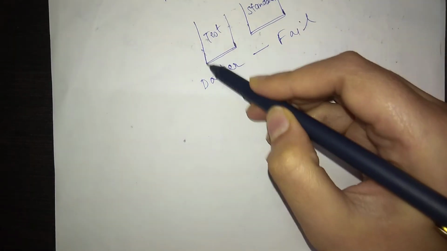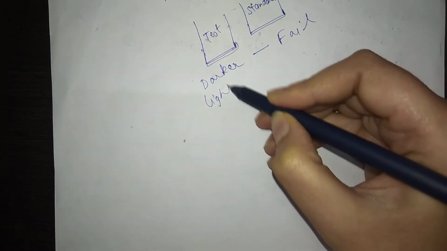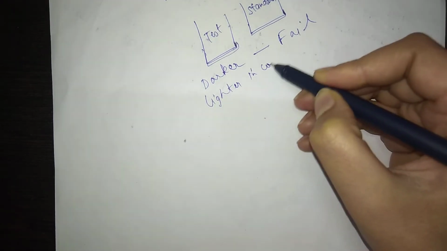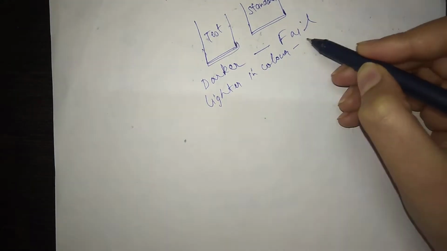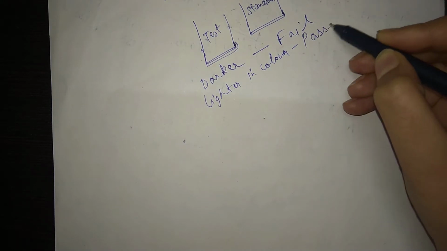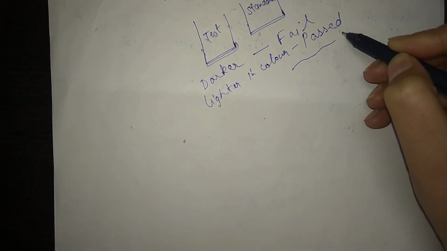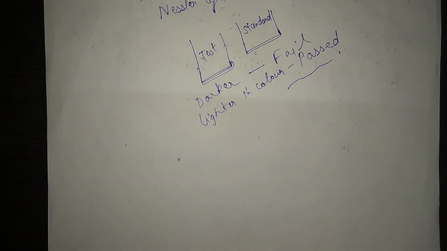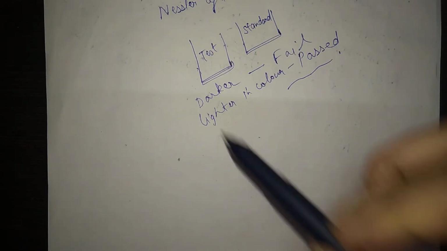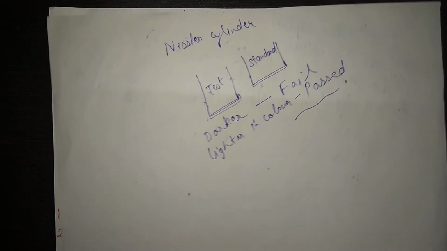If our test solution is lighter in color than the standard, it means that our limit test has passed. So if a colored complex is formed, that is a good thing for us, because a colored complex makes it easier to compare the standard solution with the test solution.